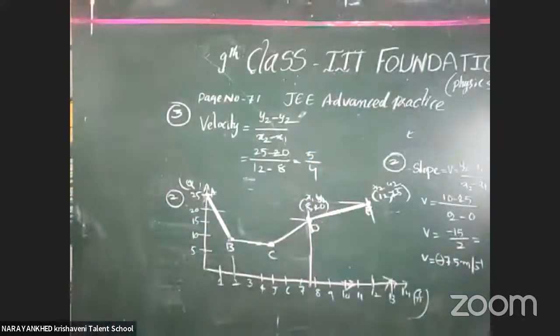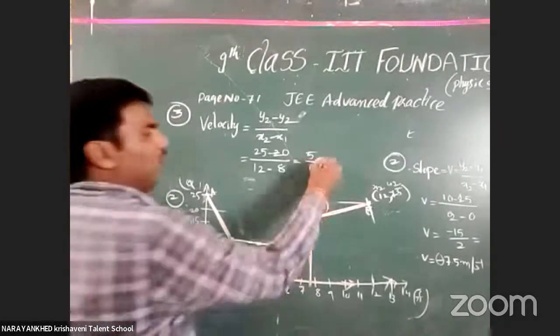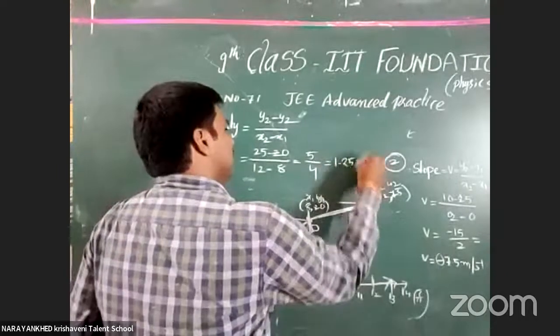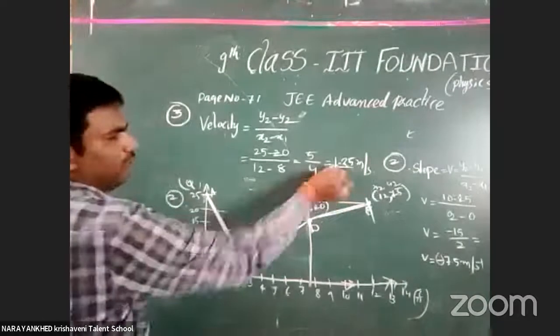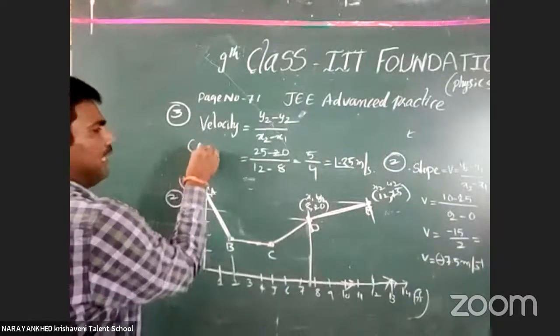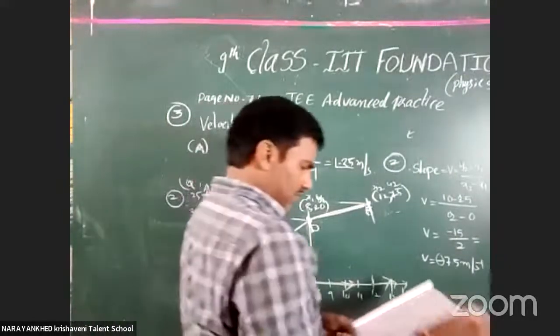Clear or not? 5 by 4 means 1.25 meter per second. The answer is 1.25 meter per second. That is option A. Now the second answer is C.